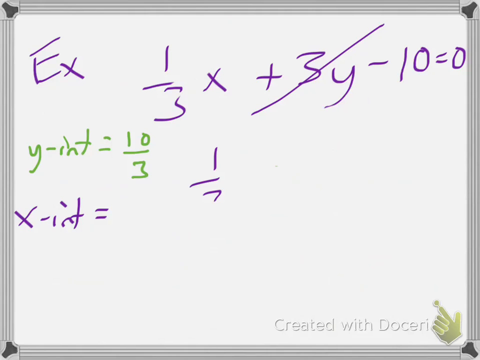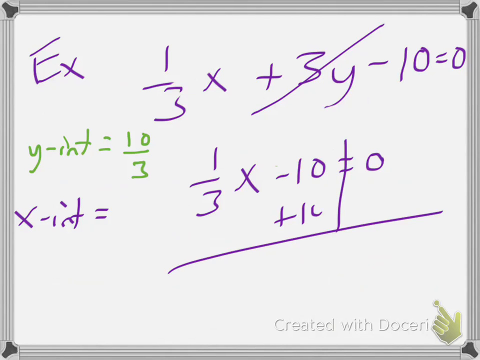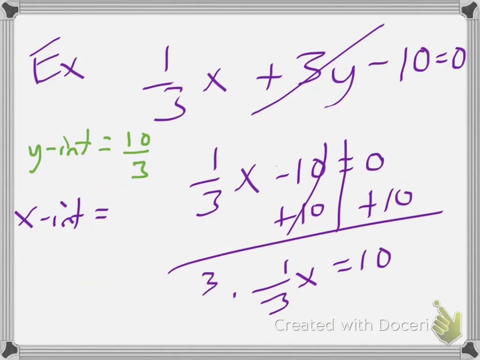So we have 1/3 x minus 10 equals 0. Solve it. Add 10 to both sides. We get 1/3 x equals 10. How do you get rid of 1/3 on the x? You multiply by its reciprocal, so 3. So we get x is equal to 30.